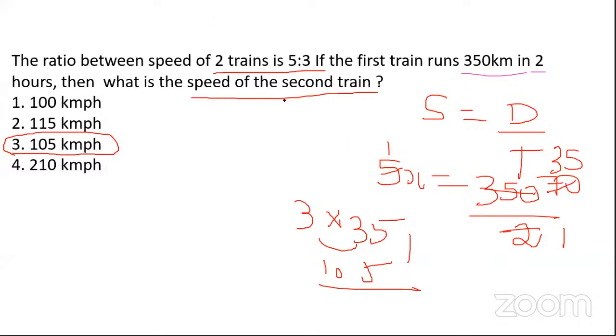So suppose they ask what is the speed of the first train, what is the answer? Comment your answers in the chat. What is the speed of the first train?